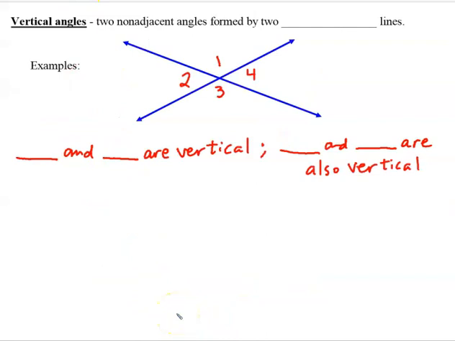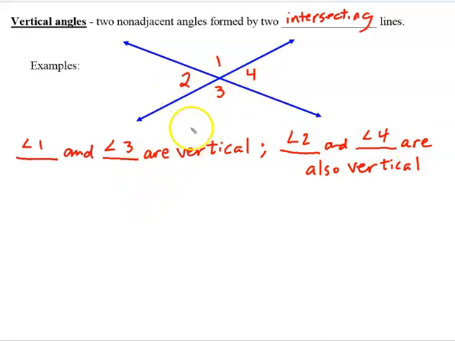Okay, vertical angles, two non-adjacent angles formed by two intersecting lines. So here we have two different pairs of angles. We could say angle 1 and angle 3 are vertical. And then we have another pair, angle 2 and angle 4 are also vertical.